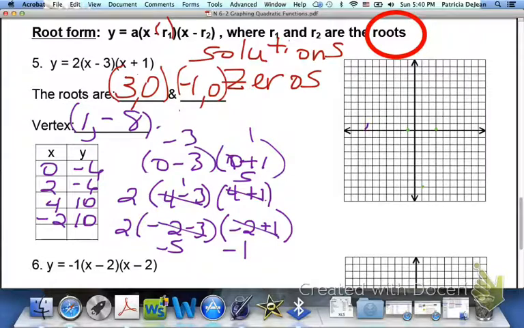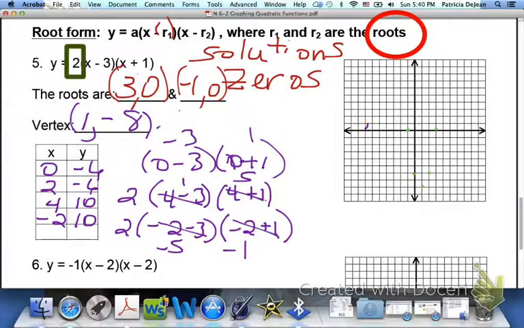And we can see, because of this being a positive 2, that it should be a little skinnier than a regular parent function, taller, and it will open up because it's positive. So let's graph these. We have 0, negative 6, and 2, negative 6. Okay, 0, negative 6, 1, 2, 3, 4, 5, 6, and 2, negative 6.